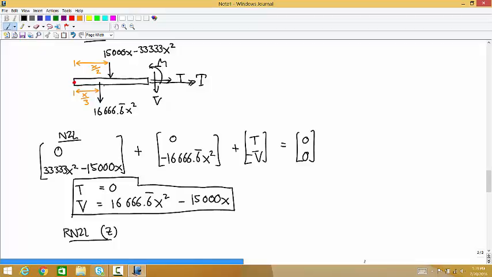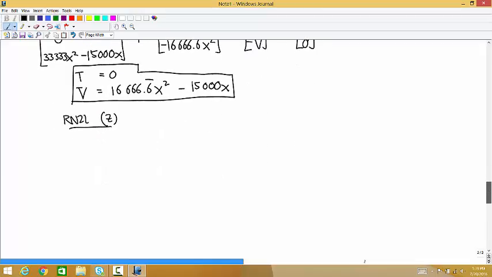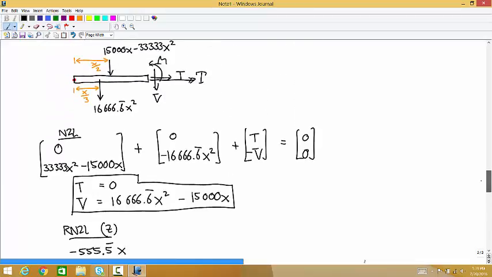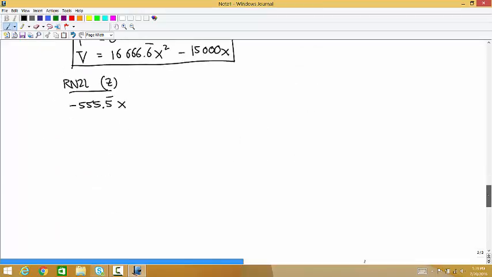Is that right? Divided by 3. Okay, so you have negative 5.5 repeating x, and this is now x cubed.